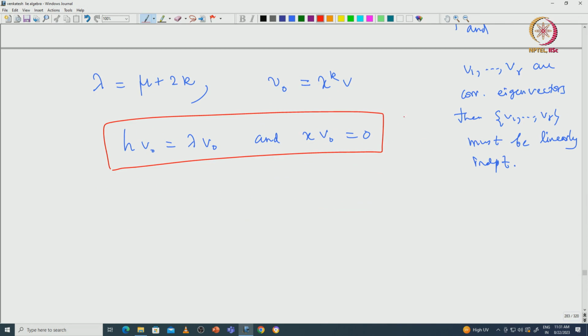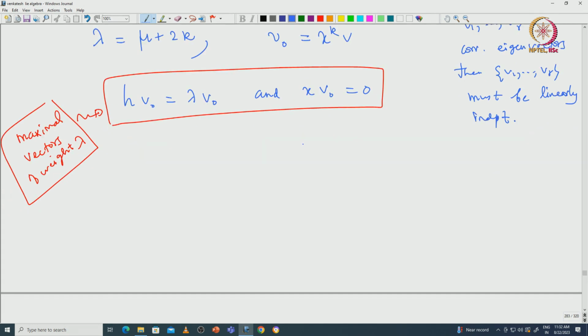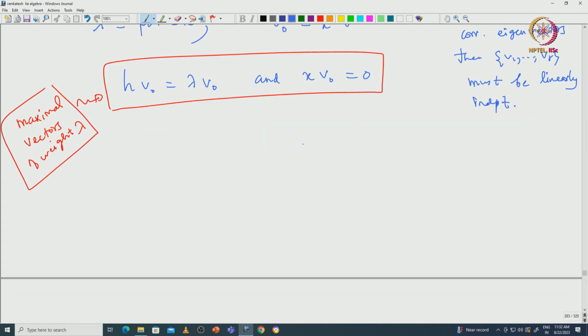Again, maybe we will define it in general for finite dimensional representations of sl2C, but I will make a note. So, this kind of vectors will be called maximal vectors of weight lambda, again weight with respect to only h. So, now you can see that we have created one non-zero vector where h acts as lambda and x kills it.